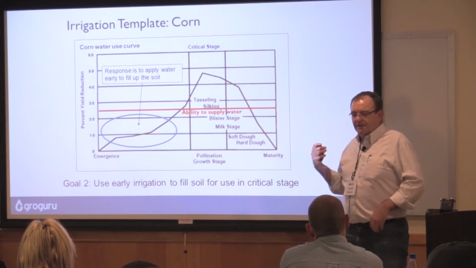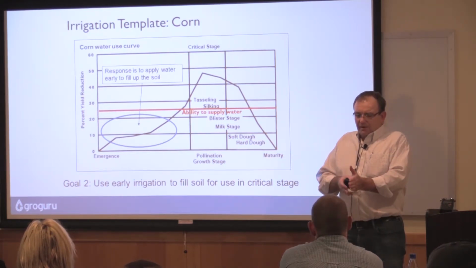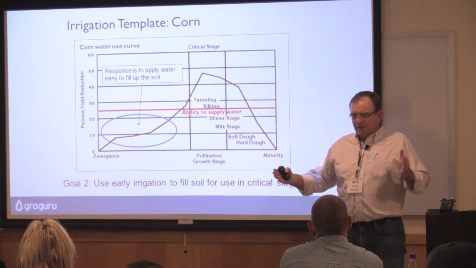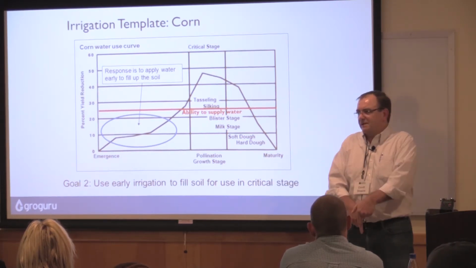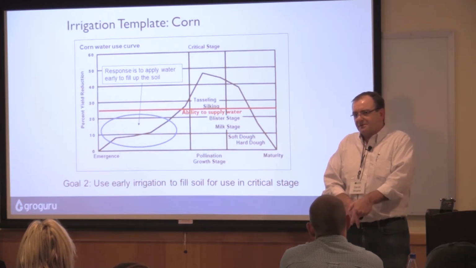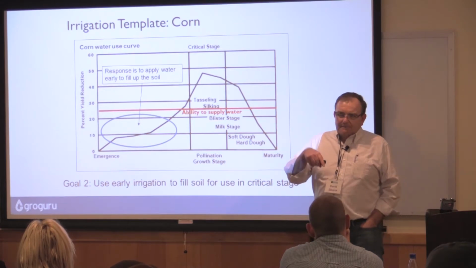I showed you some data earlier from where corn, I had a probe that was basically in the plant line, and 15 inches away was last year's plant line, and all the water was running in there. It matters. I proved it to myself and to the farmers at the time that that's where the water goes.